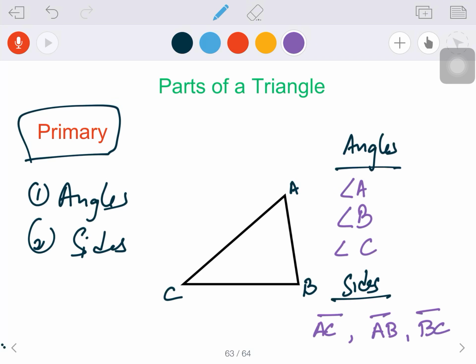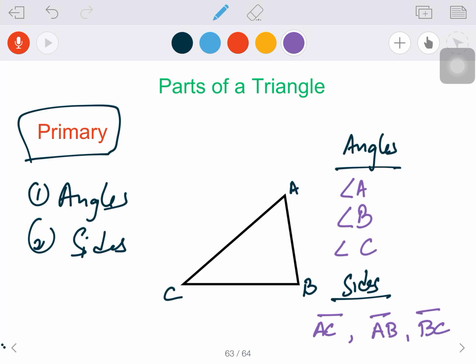Now, all the other parts of the triangles will be discussed tomorrow. So, go over this video again and try to recall and familiarize yourselves with first the definition of a polygon, the different parts of a polygon, the regions, what's a concave polygon, what's a convex polygon, and of course your triangles.